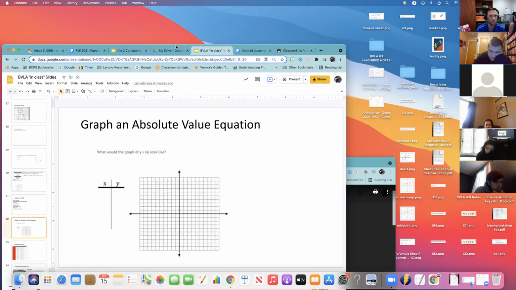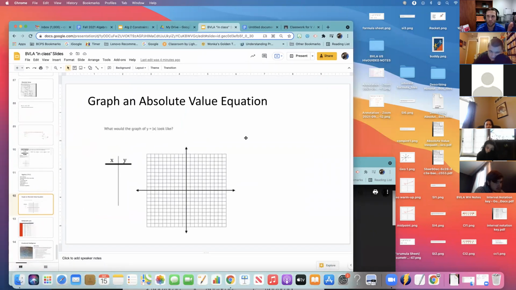Okay, so absolute value. Does anybody remember graphing absolute value freshman year? This is one of my favorite graphs. So what does an absolute value function look like? Well, you can pick some numbers, like give me a number.